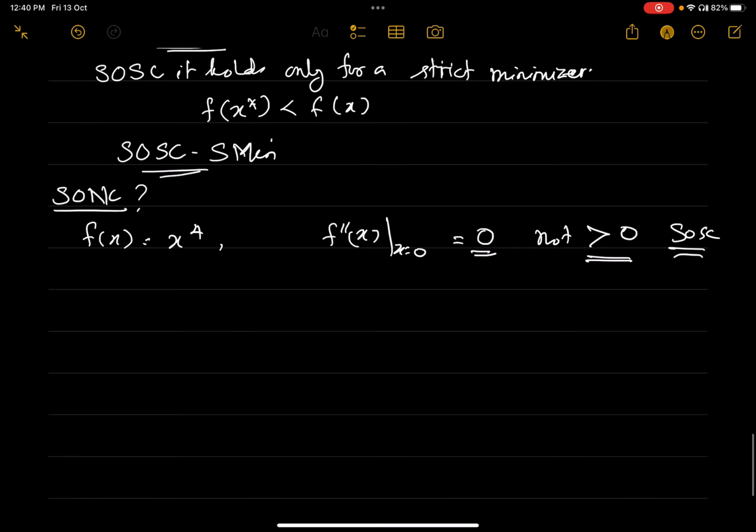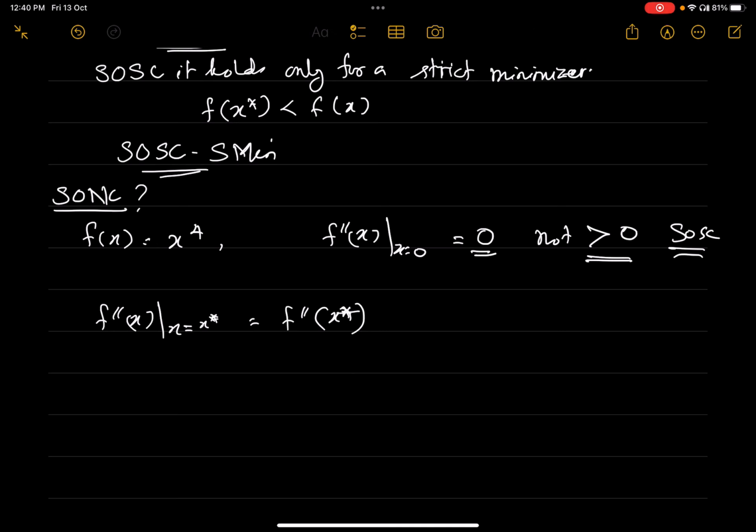So if we relax this condition a bit, and if we say f double dash of x at x equal to x star, I'm writing it multiple times just to make sure that you have got the idea of this notation.